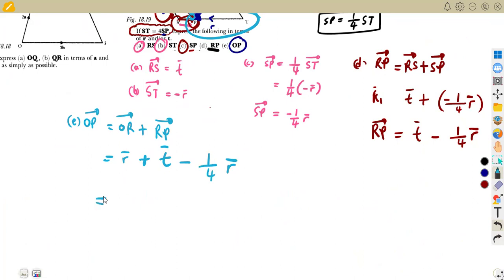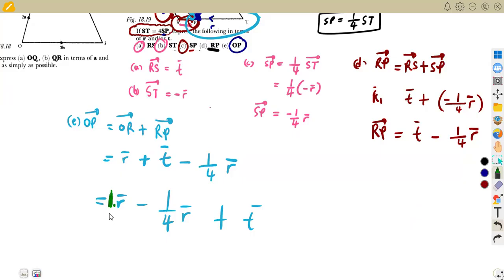So there we are going to collect like terms, just like our previous case. Vector R and what? And vector R. This is R minus 1/4 vector R plus vector T, plus we've got vector T. But considering that R here is affected by what? 1.